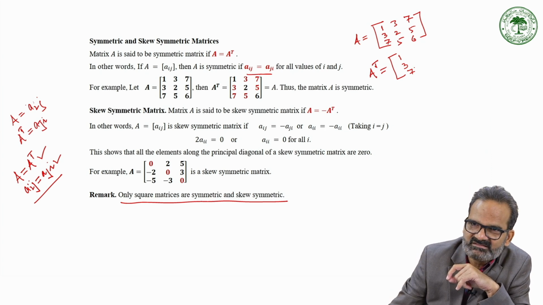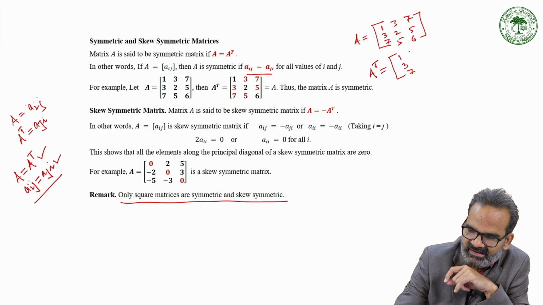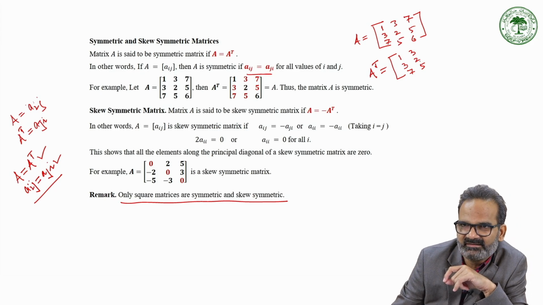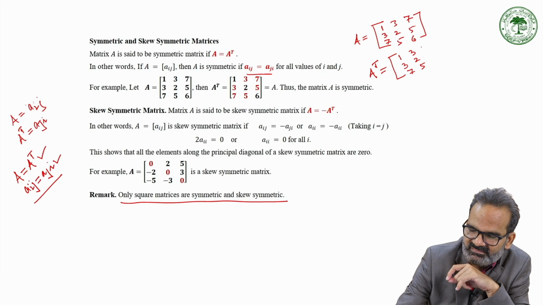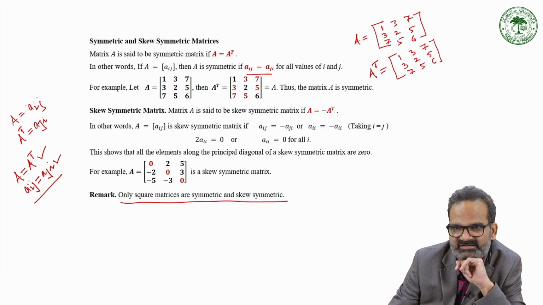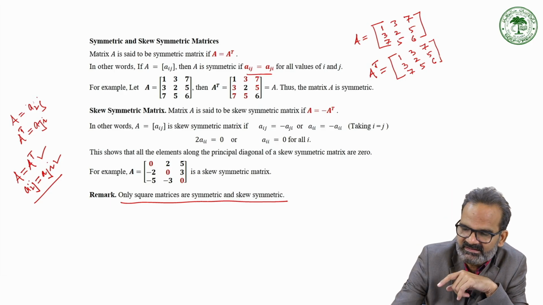The second row is 3, 2, 5, so it should be taken as 3, 2, 5, the second column of A transpose. The third row is 7, 5, 6, so it should be taken as 7, 5, 6 as the third column of A transpose, right?